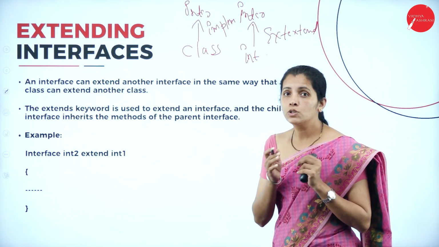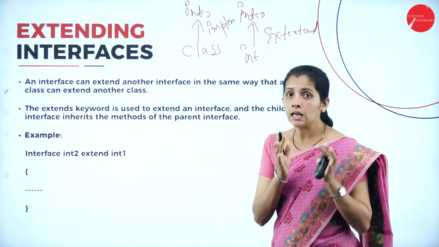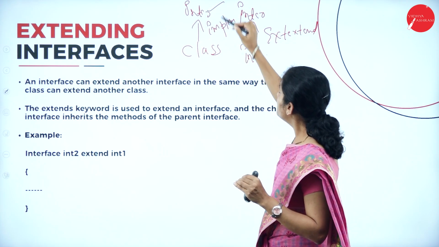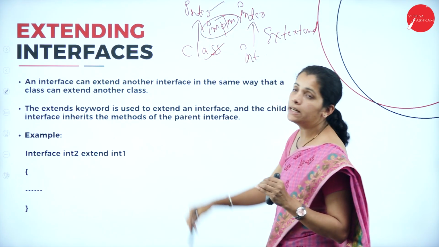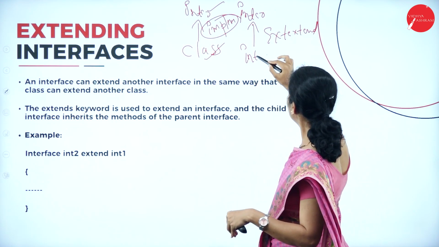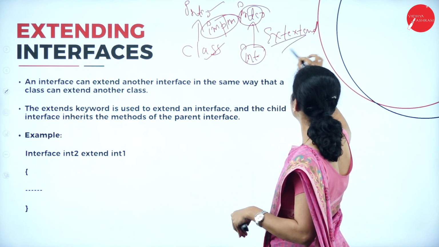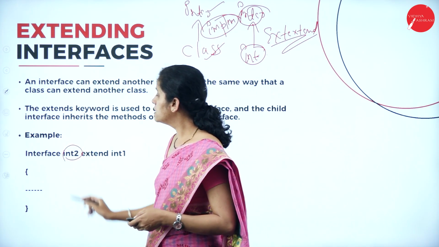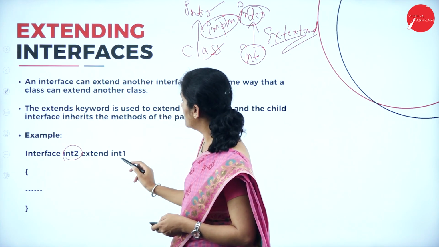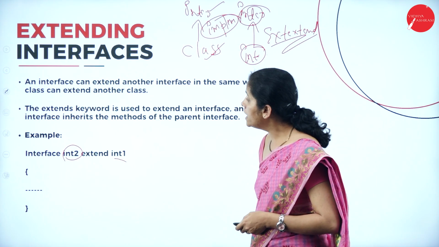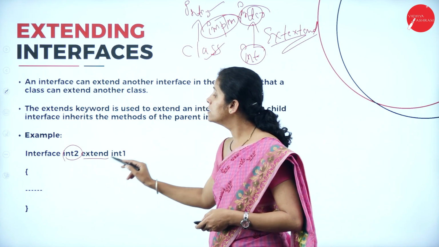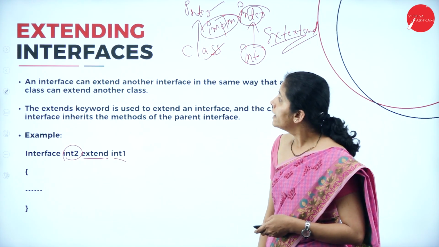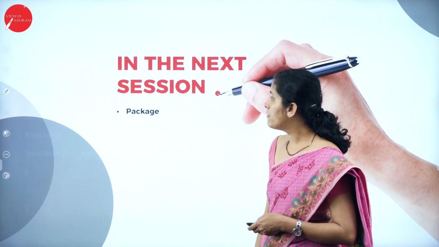So, dear student, please remember the difference here. Class and class, at that time it is extends. Interface and class, I'm going to implement the interface in my class. And what about interface and interface? Once again, I'm going to extend the interface. So here I'm having an interface named int2 and my first interface int1, and I'm going to extend int1 in my int2. So this is the way I can extend an interface in a Java program.